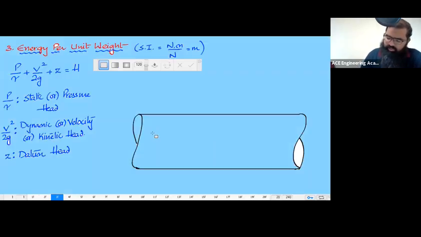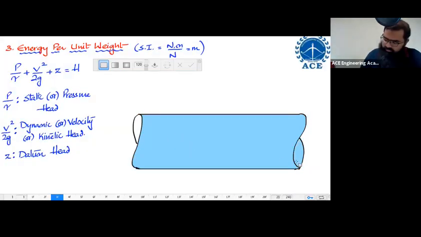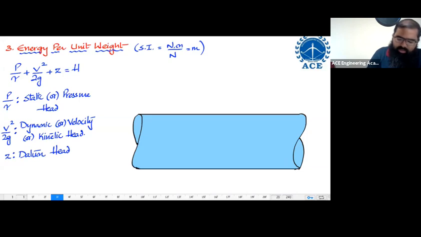Now what I want to do is, at a particular random point, let us say point A, find out how much the velocity is. This velocity is called the local velocity.